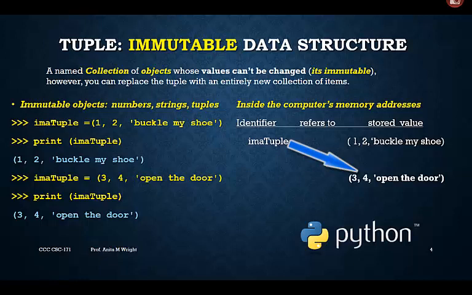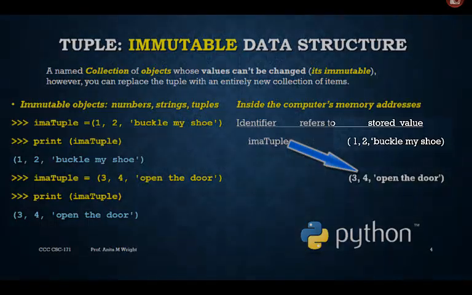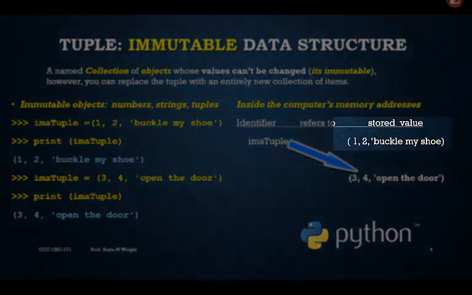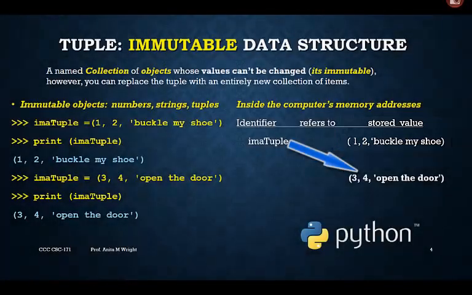So let's clarify this immutable label. It is the actual stored value that is immutable, not the identifier that references it. We see that we actually do change or mutate the contents of immutable identifier. We change it to contain the reference to the new, unique stored tuple collection.